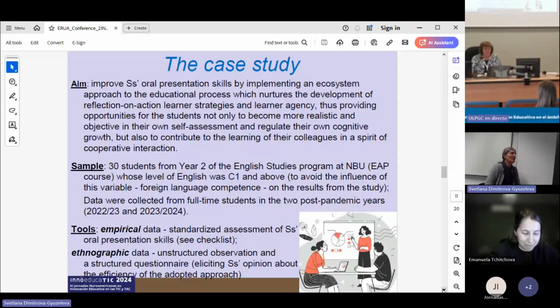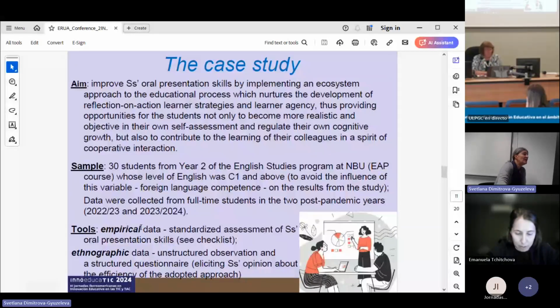Okay. So I tried to apply the ecological approach to learning and Cope's learning cycle in my case study, which was conducted with Year 2 students of English studies in the post-pandemic years.